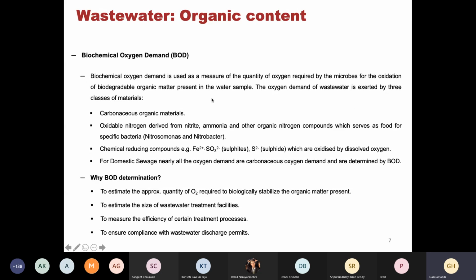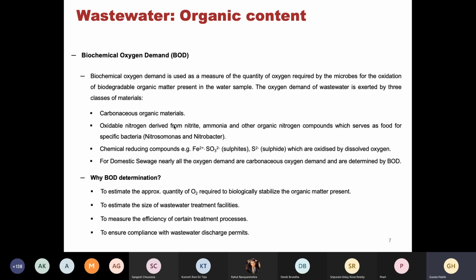The oxygen demand of wastewater is exerted by three classes of material: carbonaceous organic material, oxidizable nitrogen derived from nitrate, ammonia and others. So organic nitrogen, ammonia, nitrate, any of these compounds also come into the biochemical oxygen demand.